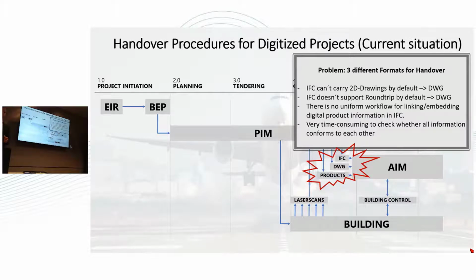This technology is called round trip. There are also solutions for IFC, but this is something we have as a requirement from the airport. We need to get more support for stuff like this. But later on, more details about that.